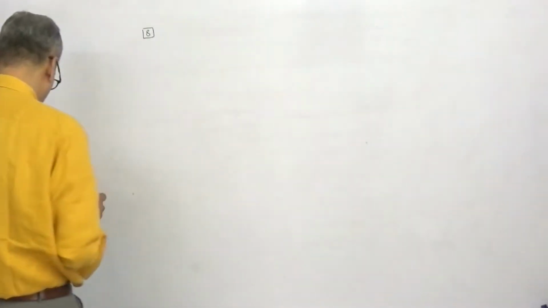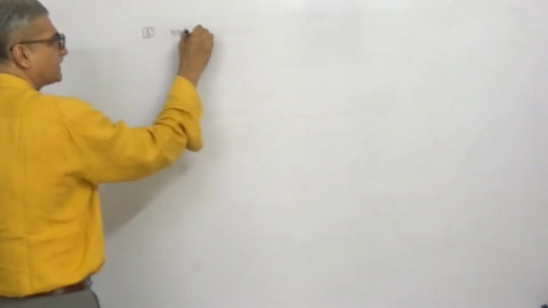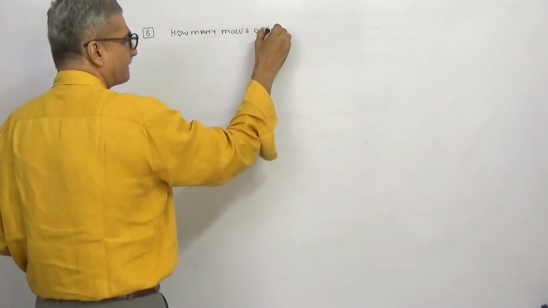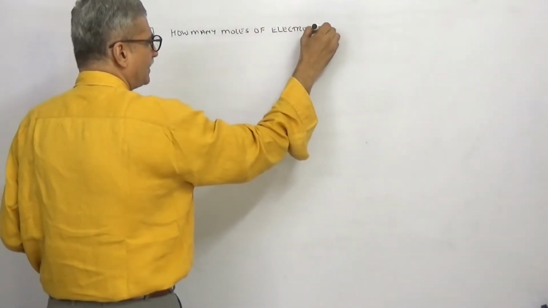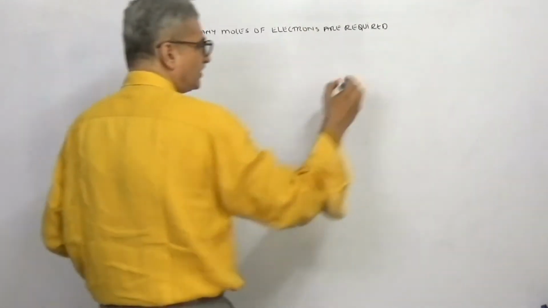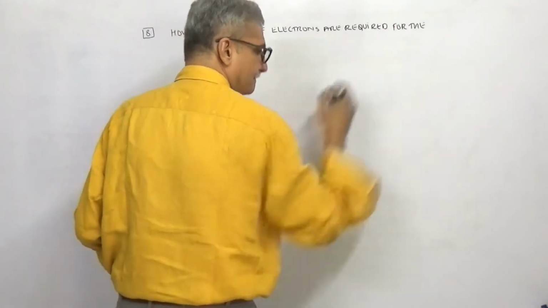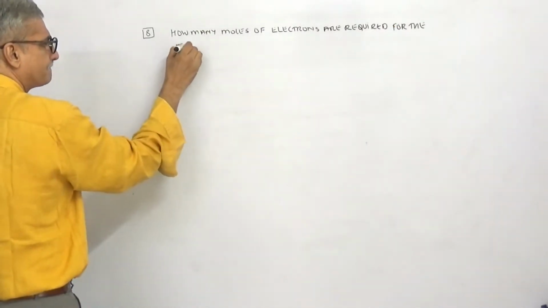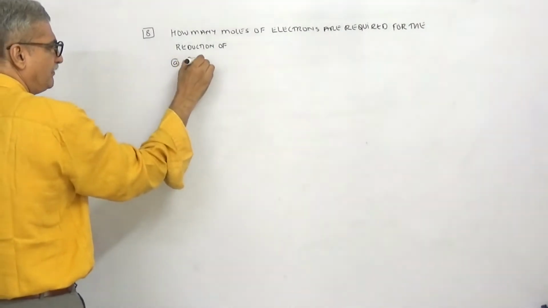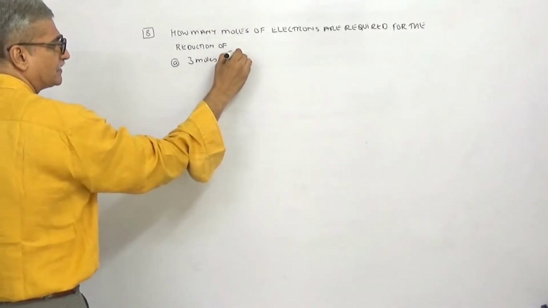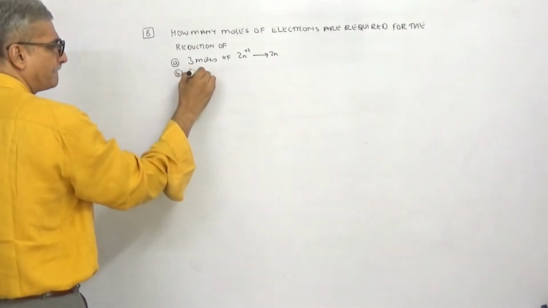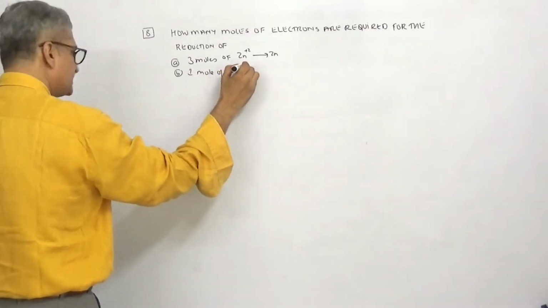How many moles of electrons are required for the reduction of A, 3 moles of Zn2+ to Zn, B, 1 mole of Cr3+ to Cr.